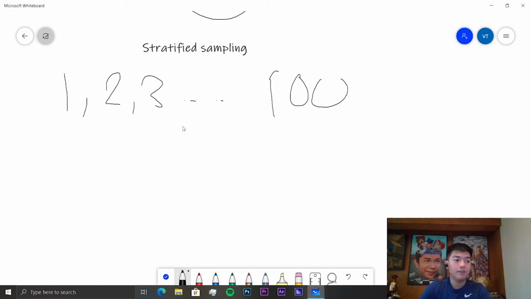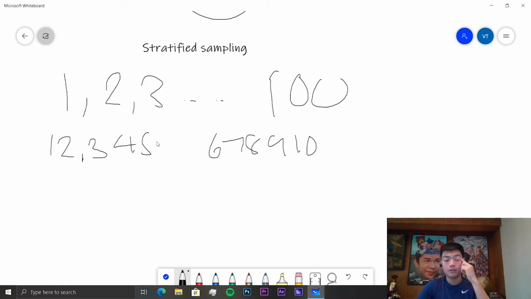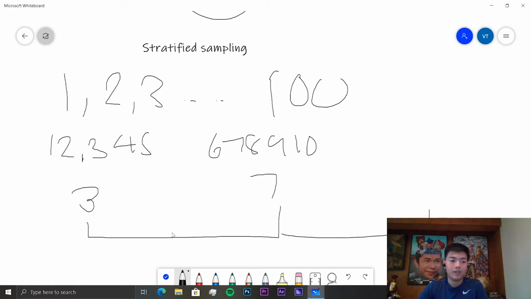We could divide this group of 100 into smaller groups of 5, let's say. So we have 1, 2, 3, 4, 5, and then we have 6, 7, 8, 9, 10. And from each smaller group, we will choose a certain member through a random number generator. Say it's 3 here, say it's 7 here, and we will use these units to gather our sample instead.